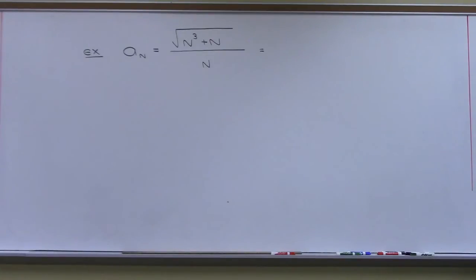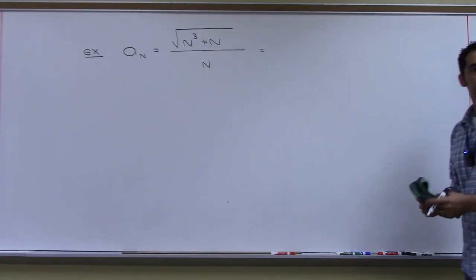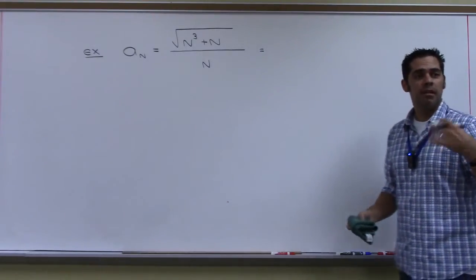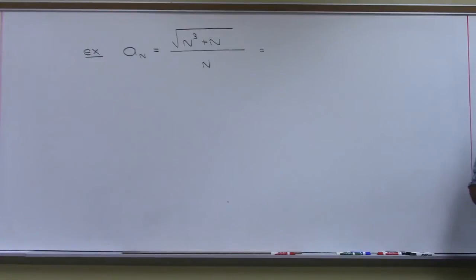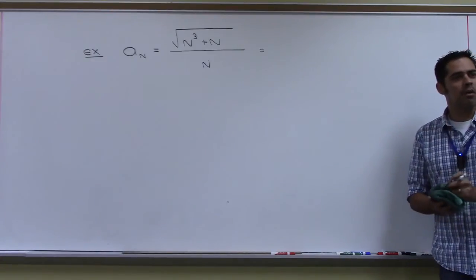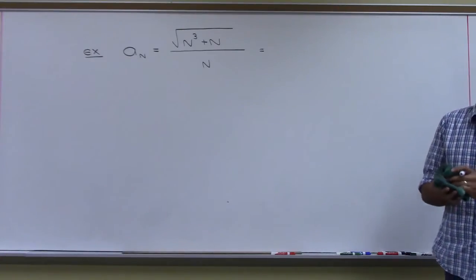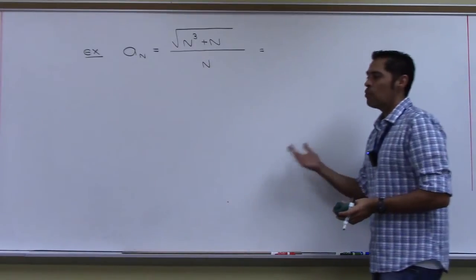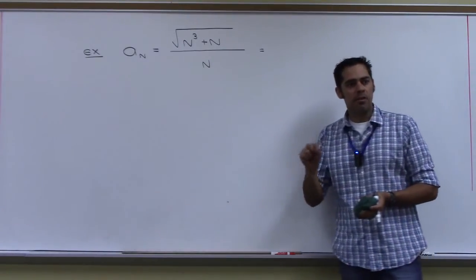Do what? What do you mean? You mean just start taking bigger and bigger values of n and try and figure out what's happening? That would be a way of checking your result, but in no way would that be a way of answering the question on the test. So we have to have a method for this. We have to have a way of determining this. The reason why I say this is because the method is more important than just the calculator punching.